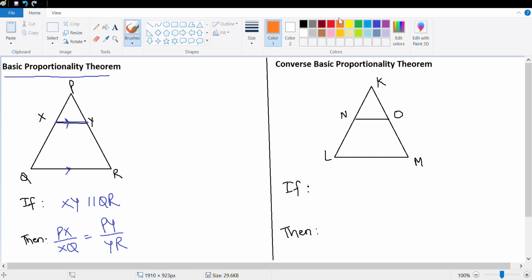I hope some of you are reminded about another property that we learned last year, which is called the midpoint theorem. Does anyone remember? Let me quickly remind.